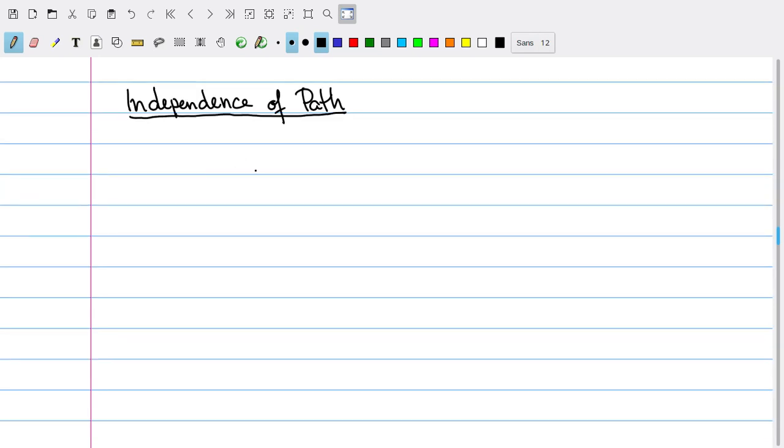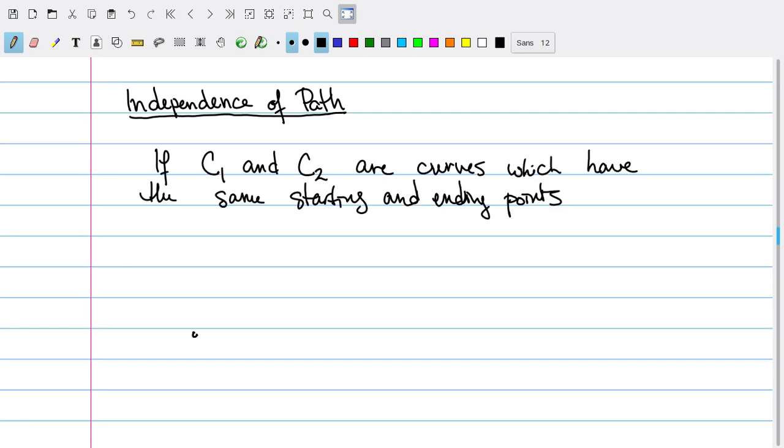As we already mentioned, one of the main consequences for line integrals of conservative vector fields by the fundamental theorem of line integrals is that they're independent of the path. So I've got two paths, C1 and C2, with the same starting and ending points. We'll say P and Q. And here are our paths C1 and C2.